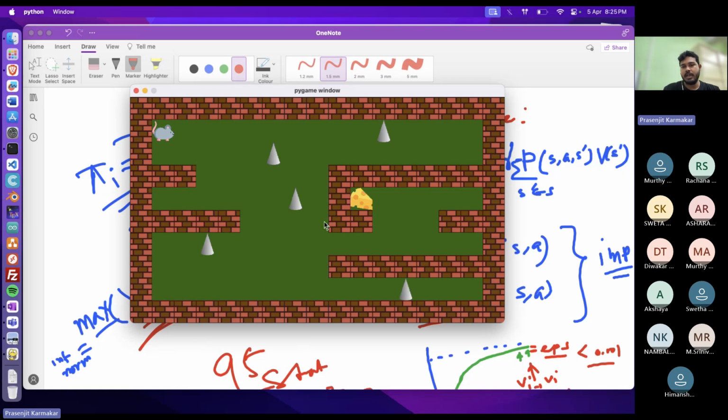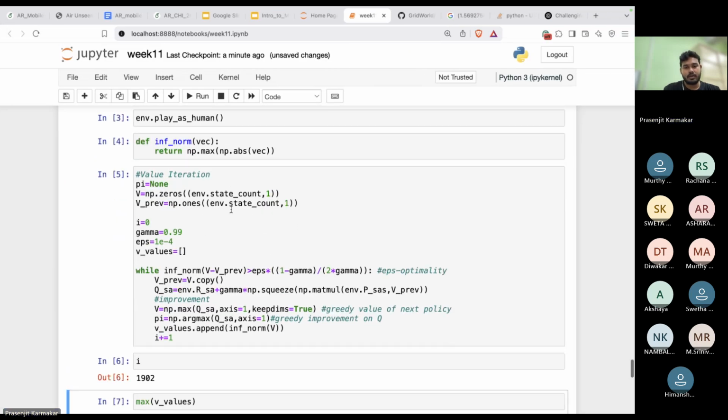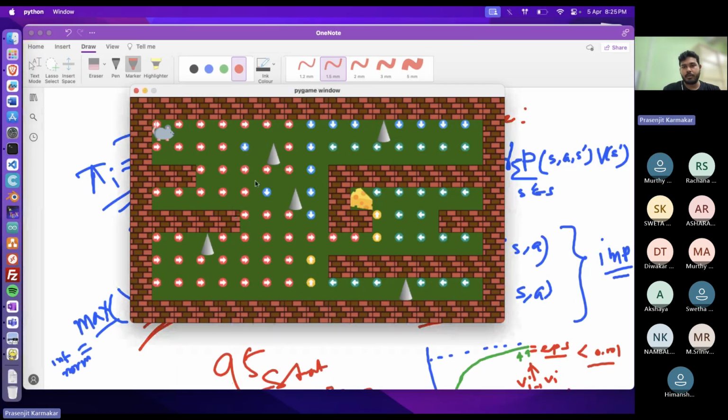See, we can fall into these things here, but most of the time we are avoiding it, right? So the problem with value iteration is there can be local areas where the policy fails.